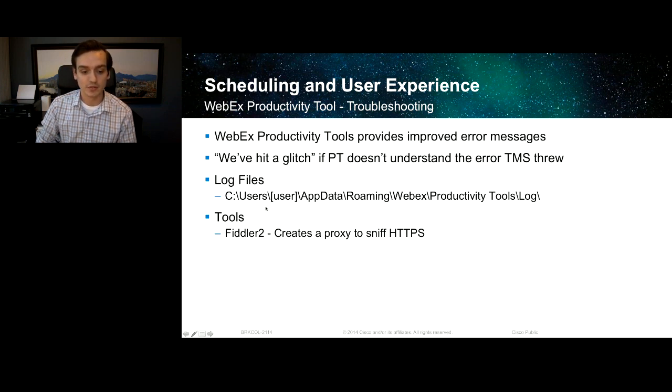You probably want to run Fiddler to do a sniff on that just to see what's going on between Productivity Tools and TMS XE, the booking service. Also, if you look into the logs of Productivity Tools, there's more detailed information in there, which should help out with any sort of troubleshooting to figure out why conferences aren't being created if you can't create conferences successfully.